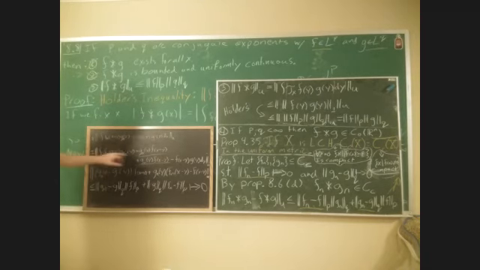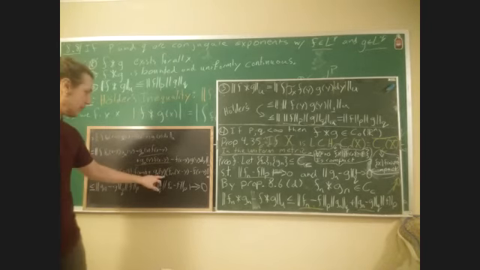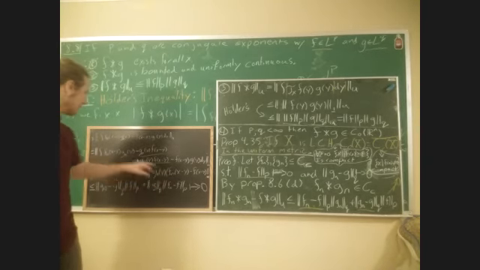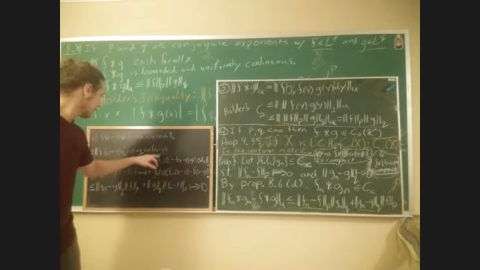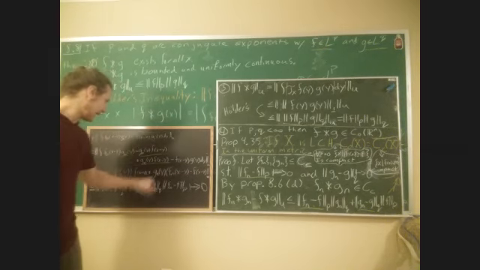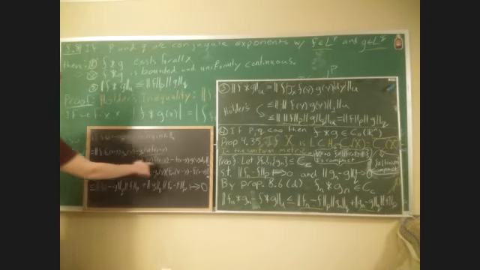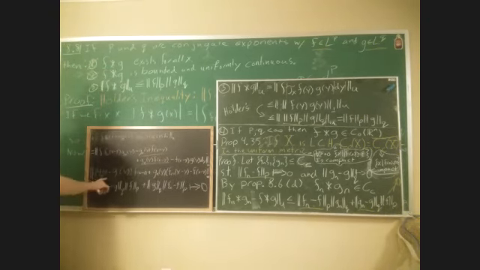We factor the gn(y) out here, so we get gn(y) times fn(x minus y) minus f(x minus y). Then we do the same thing for the other one.